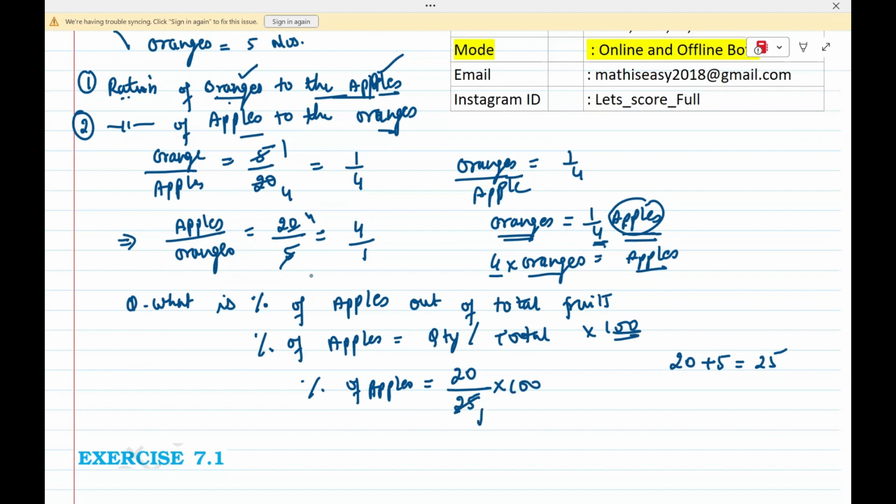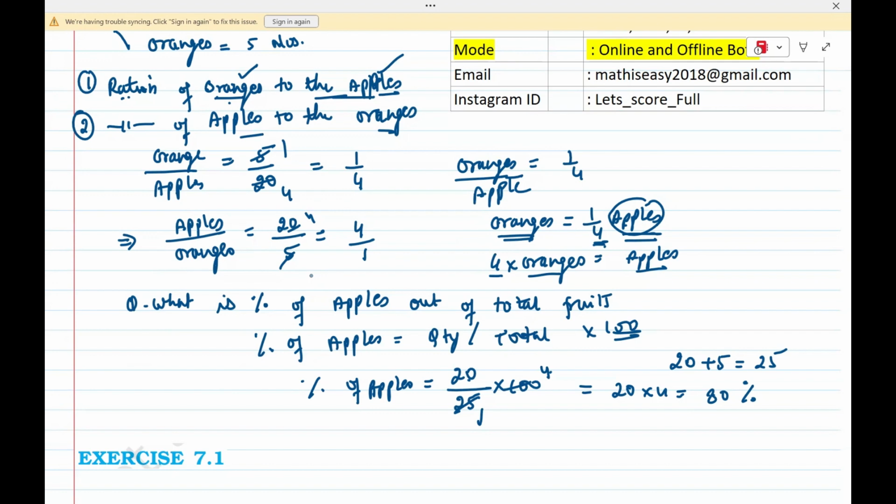So 25 ones are 25, 25 fours are 100, 20 into 4 is 80. And whenever you calculate a percentage, don't forget to put the % symbol. So ratio is comparing two quantities, and percentage is the fraction of one quantity into 100. Out of 100, how much it is.